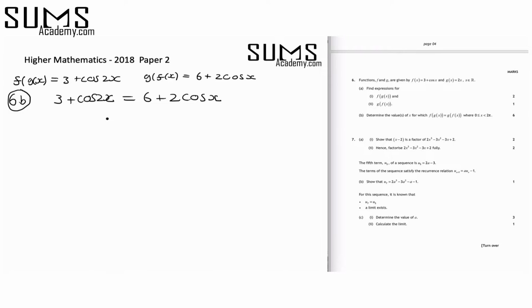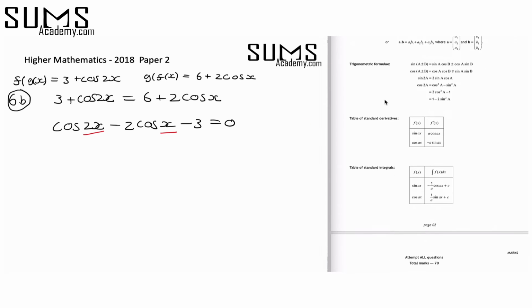I'm going to move these over and make this equation equal to 0. So this then becomes cos 2x minus 2 cos x minus 3 equal to 0. Now you can see here that this is a cos 2x and this is a cos x, so we're going to have to figure out a way to factorize these.